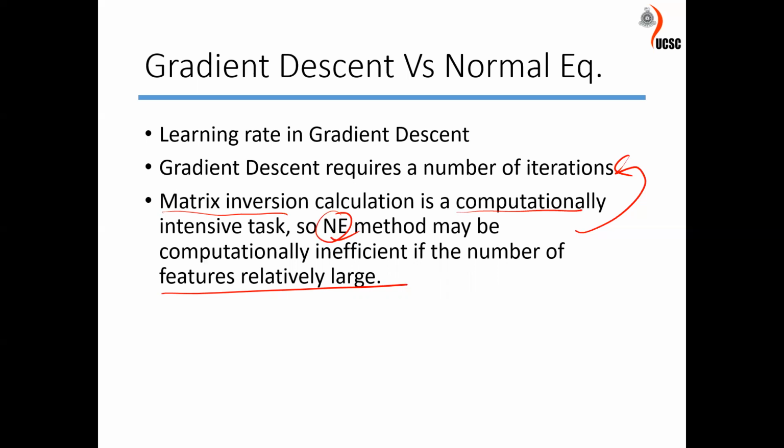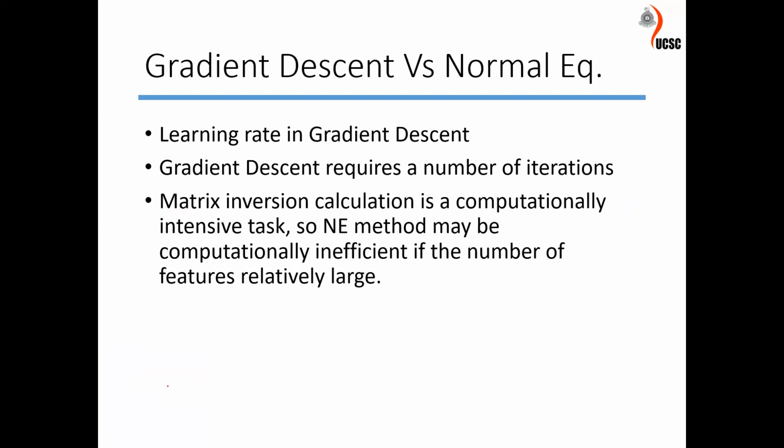If you know the matrix X, you can compute the pseudo inverse of it. You know the Y. Then you can simply find the set of parameters. These are just two different approaches.